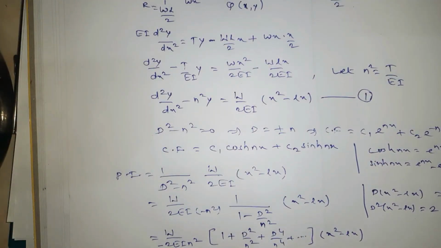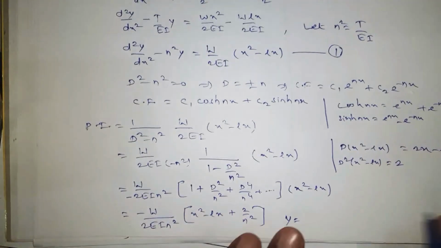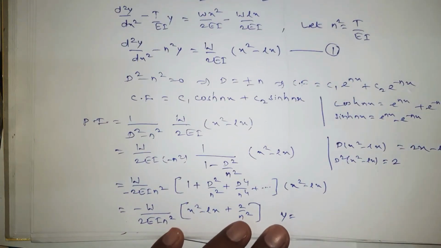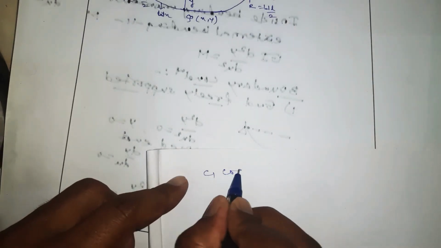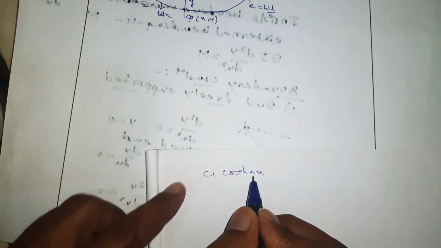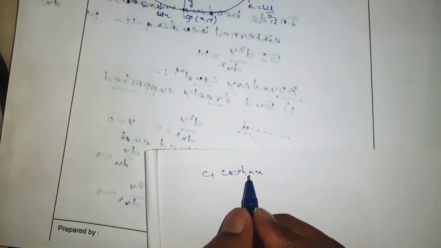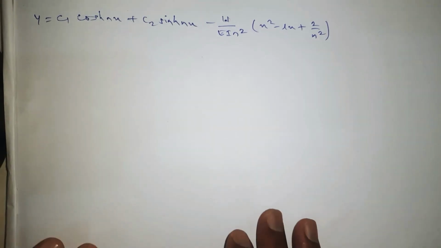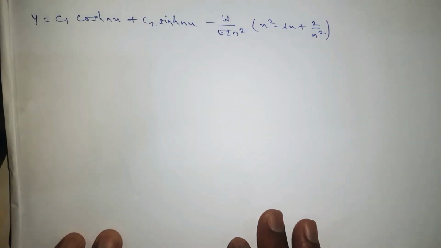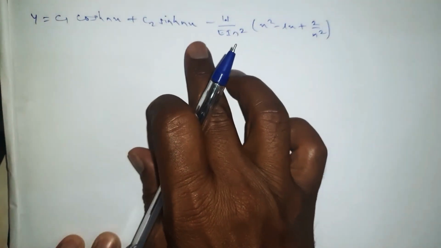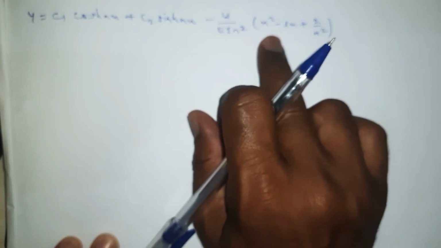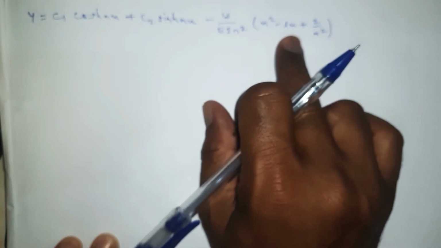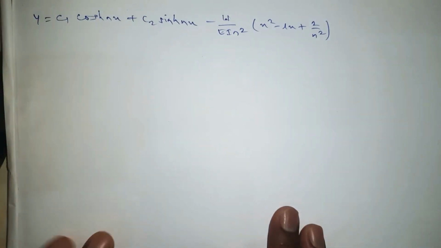What is y equal to? c1 cosh nx. So we get y is equal to c1 cosh nx plus c2 sinh nx minus w upon EI n square, x square minus lx plus 2 upon n square.